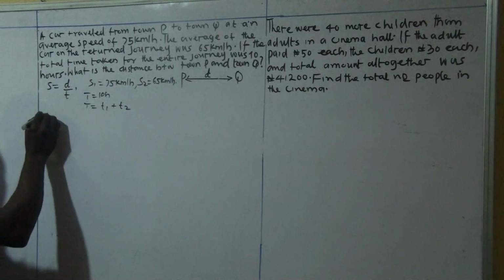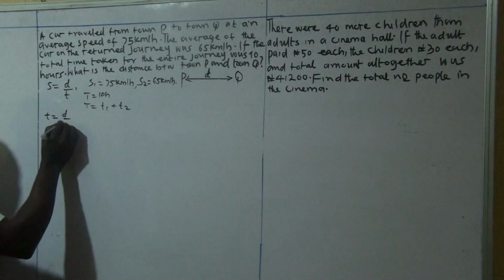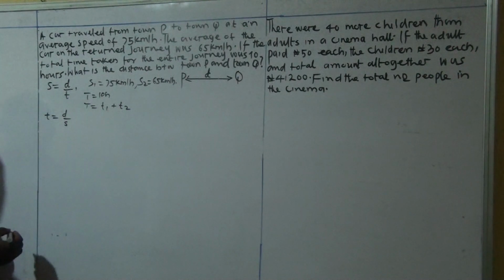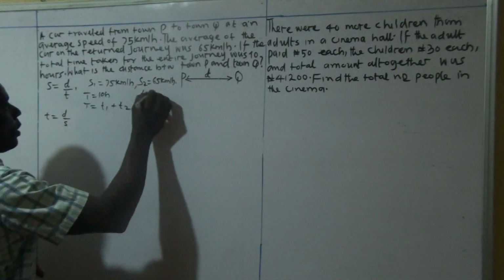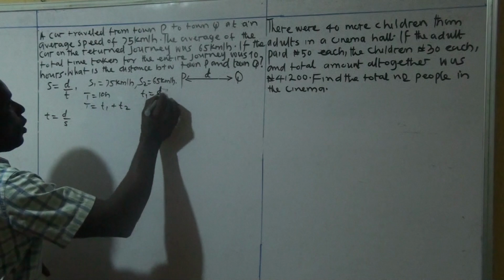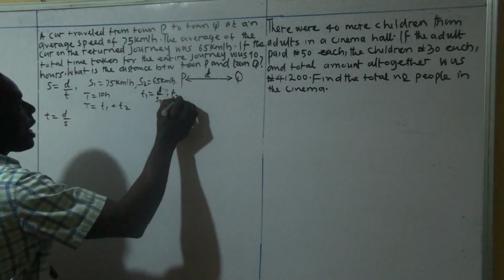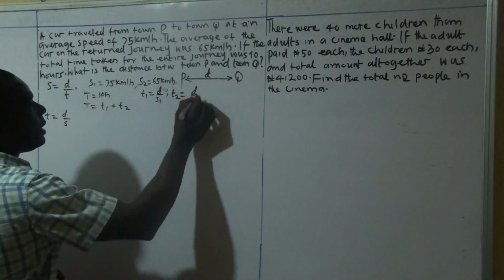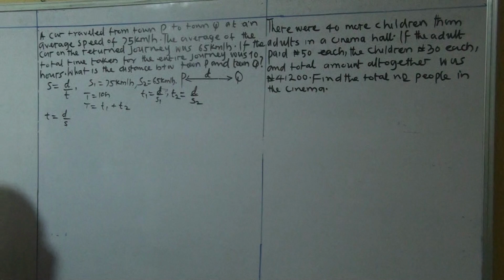So T, time, is equal to distance over speed. For T1 we're going to have D over S1, and for time 2 we are going to have distance over S2, which is the speed.